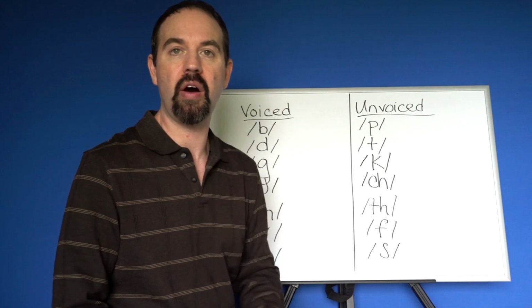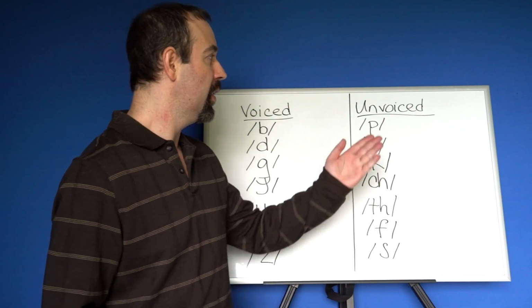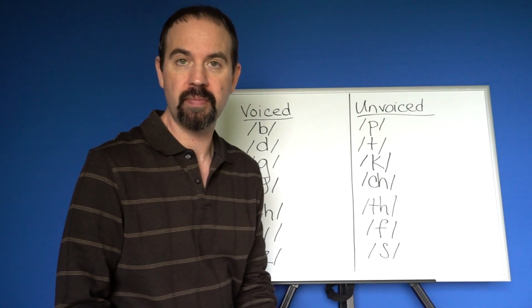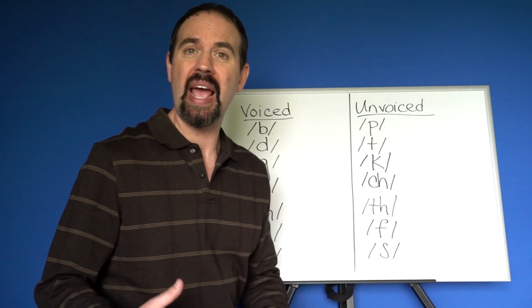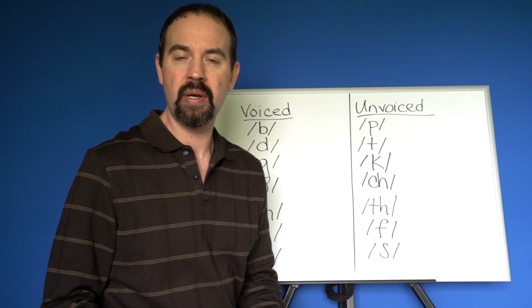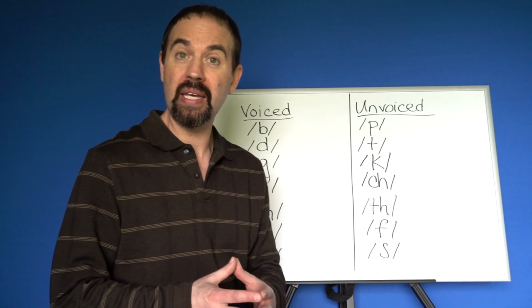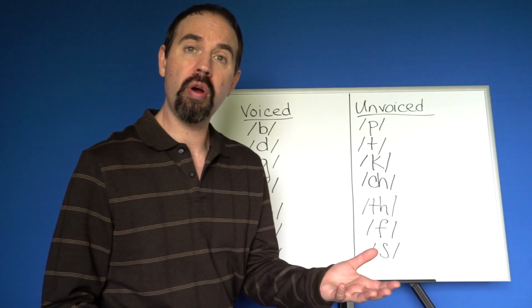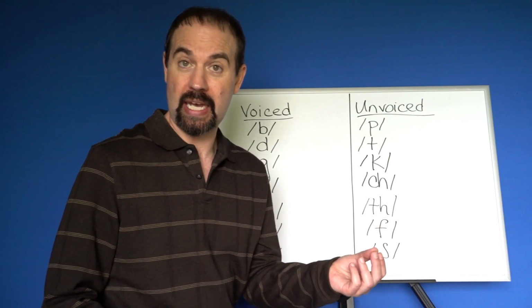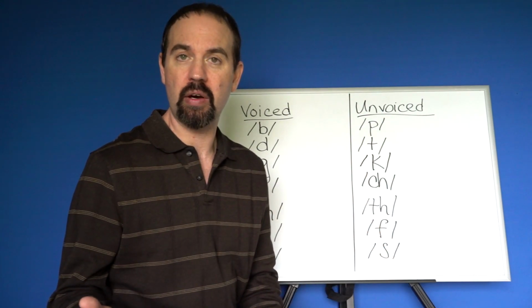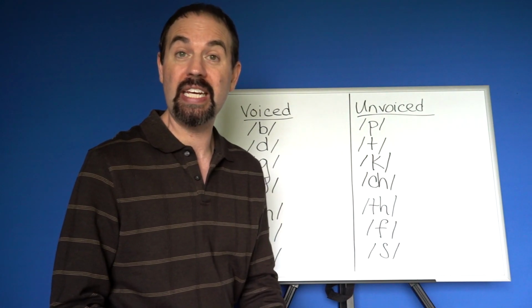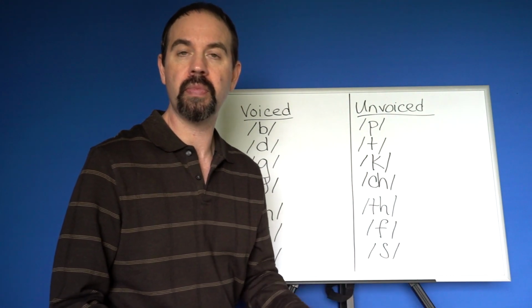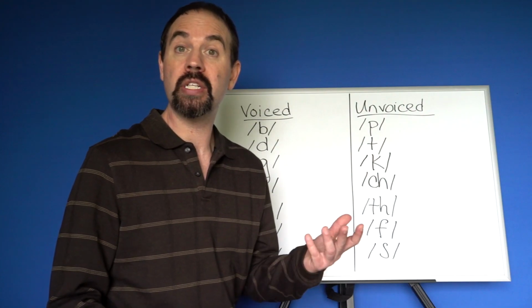The air is in the mouth. P, p. This is called unvoiced. It's important that you know the difference between voiced and unvoiced sounds, because depending on whether the word ends in a voiced sound or an unvoiced sound will determine whether the sound of the ed is d, id, or t.